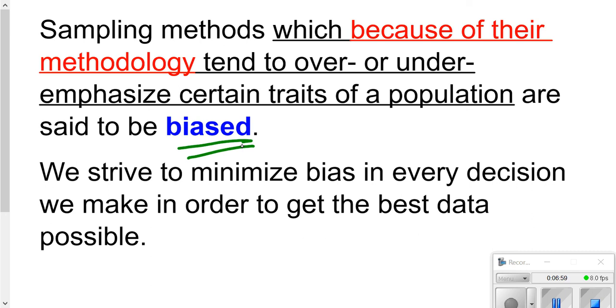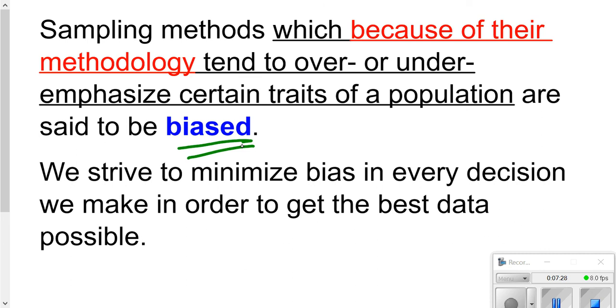Because of how I designed my sampling, which was, I'm just going to ask these women that I see on 2 Fridays a month. If my sampling technique is what leads to this distortion of the data, then that sampling technique is said to be biased.